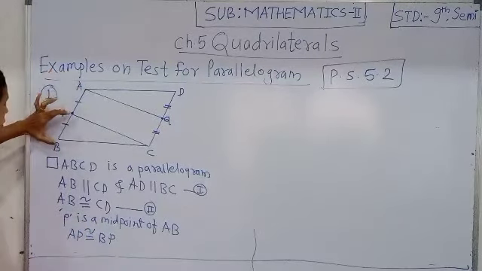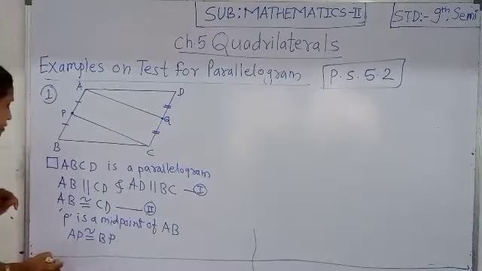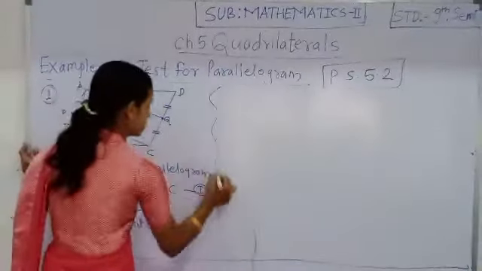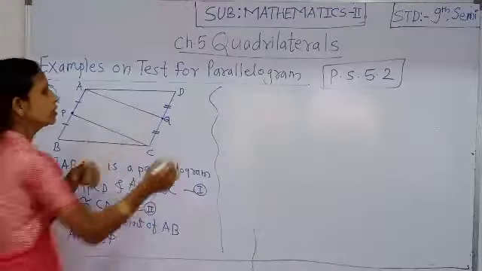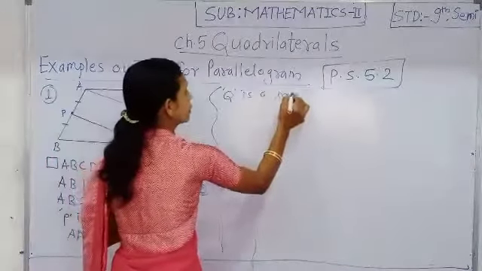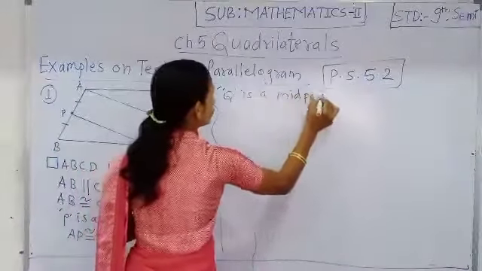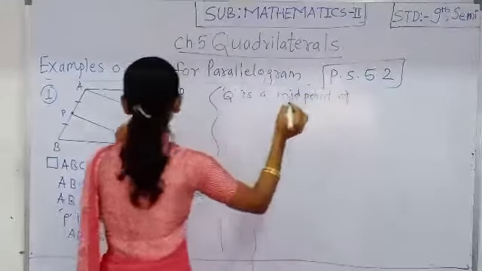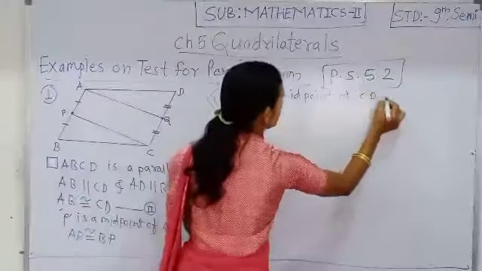That means AP and BP are congruent. Then Q is a midpoint of CD, which is given here.